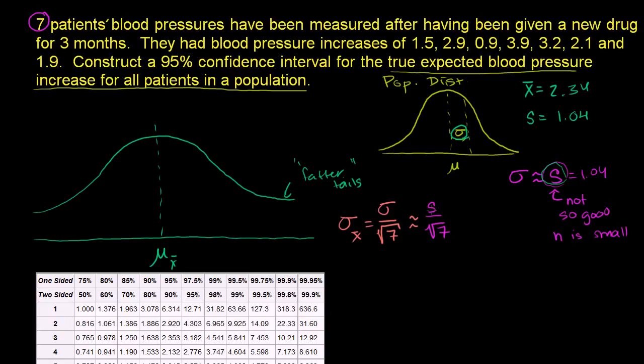This is the whole reason why we call it a confidence interval, because we're making some assumptions here. This thing is going to change from sample to sample. And in particular, this is going to be a particularly bad estimate when we have a small sample size, less than 30, when you're estimating the standard deviation with your sample standard deviation.